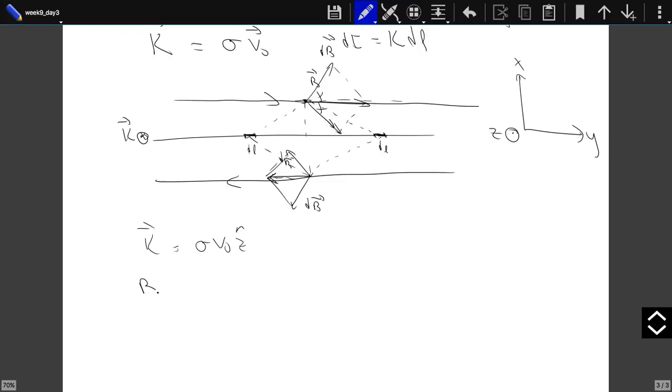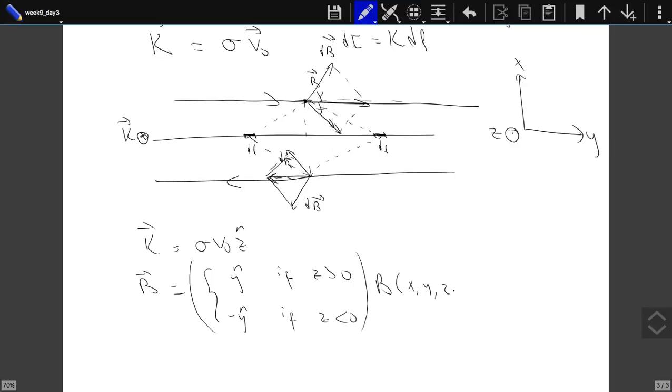Then the magnetic induction will be in the y-hat direction if z is larger than 0, minus y-hat direction if z is less than 0. And it will also have a magnitude which in principle can depend on x, y, and z coordinate.